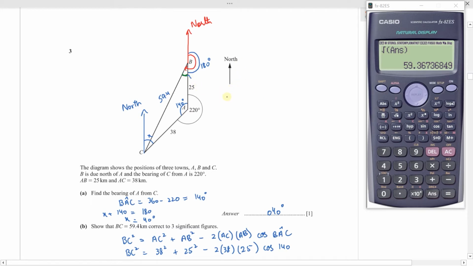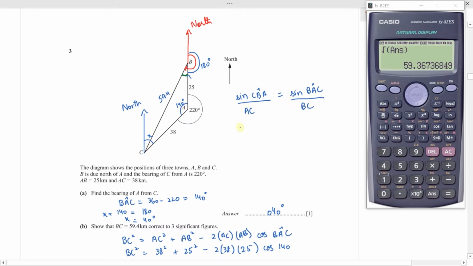So I can form an equation using the sine rule here. Using the sine rule, this will give me sine of angle CBA over the length which is opposite this angle, which is AC, equals sine of angle BAC divided by the side which is opposite this angle, which is this length BC.